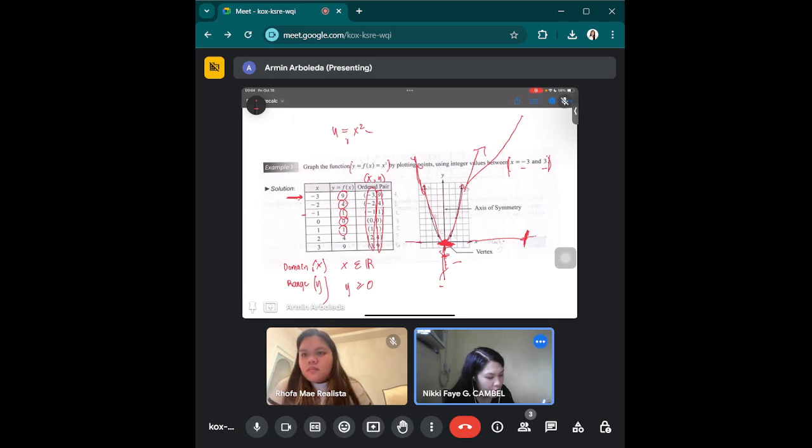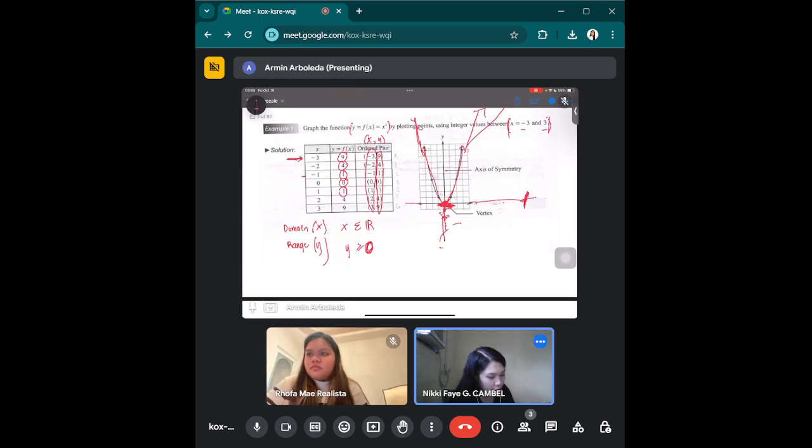That's why your range, or the y values that you have, will always be above 0, including 0. Above and including 0. Okay? 0 up to above. Do you understand it? Do you have a question?